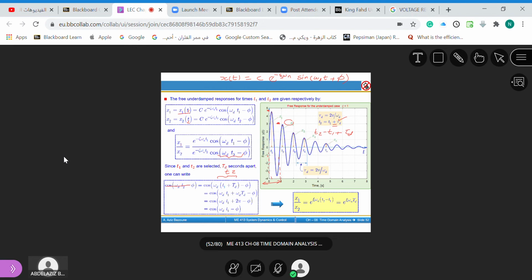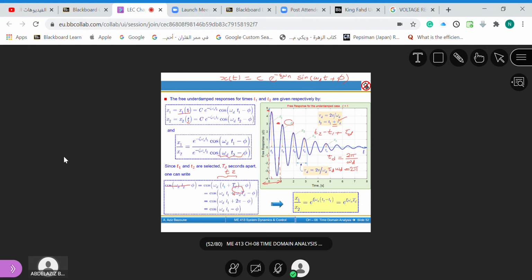So, Shabab, if you look at this expression, omega d Td, the period tau d will be equal to 2 pi over omega d. Now, if you cross multiply, you will see that tau d omega d will be equal to 2 pi. So we are simplifying this, and I will have omega d t1 plus 2 pi minus phi.